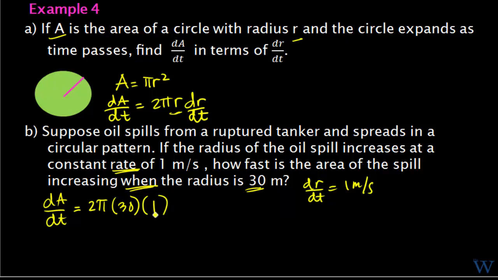That's going to be 60 pi. Now what is the unit of measure? Meters times meters per second, so it's meters squared per second. So that answers the question of how fast the area of the spill is increasing when the radius is 30 meters.